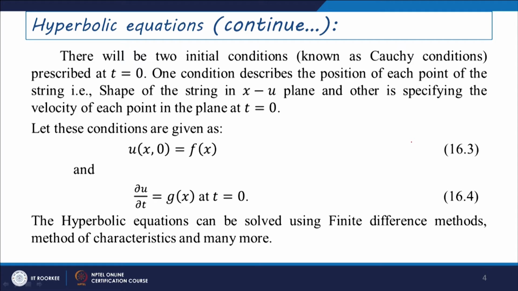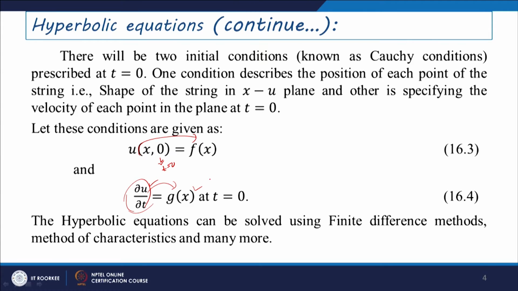Let these conditions be given by u of x, 0 equals f of x, and del u by del t equals g of x at t equals 0. At time t equals 0, u is defined as a function of x, and the time derivative del u by del t is given by the functional value g.